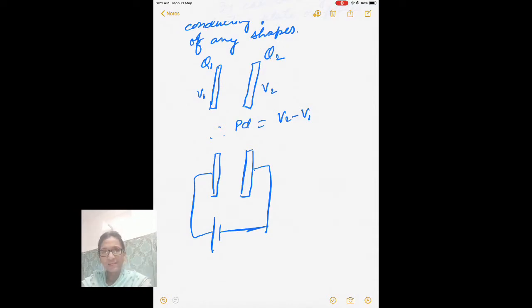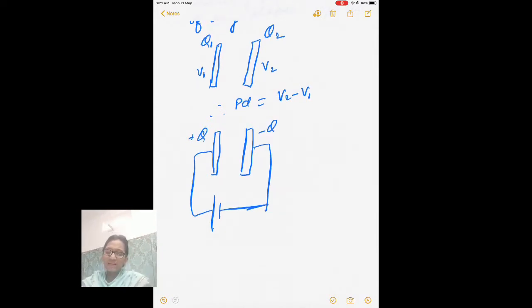These are the terminals of a battery, so they will provide equal charges on these plates, but these charges are of opposite nature. So if one plate is having plus Q charge, the other will be having minus Q charge. And this you can consider as a capacitor, as it is holding charges.